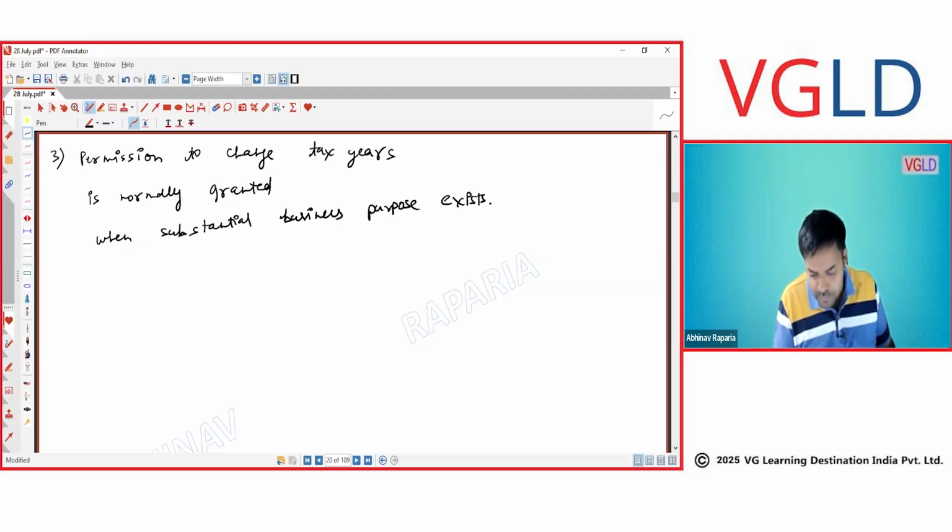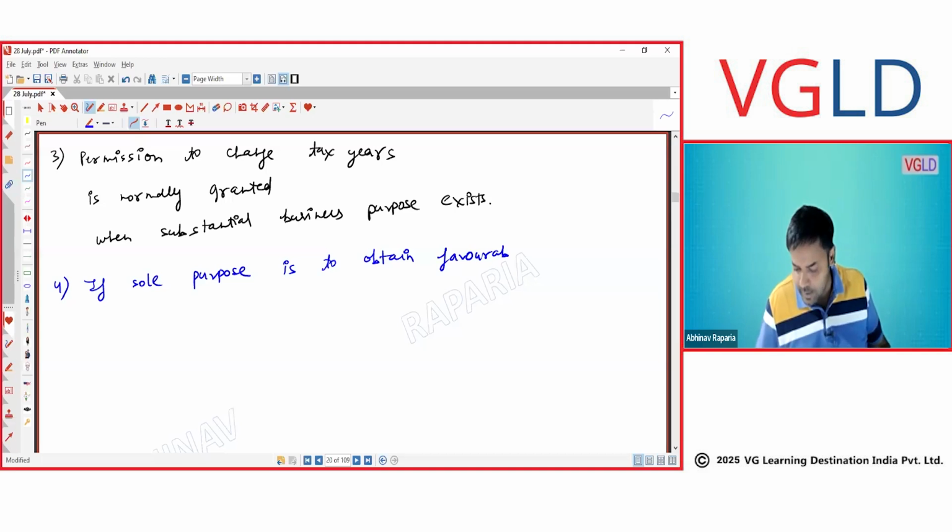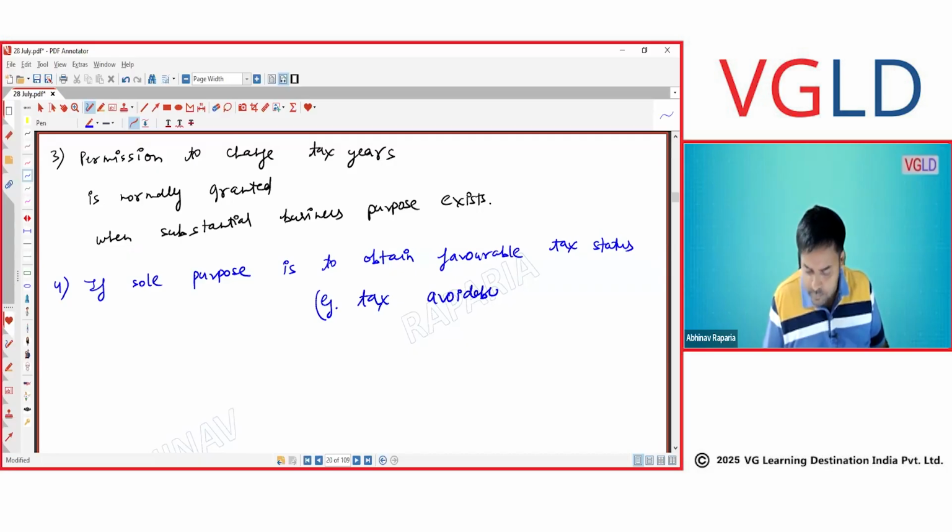If the sole purpose is to obtain a favorable tax status, for example, tax avoidance, that IRS will not allow the change.